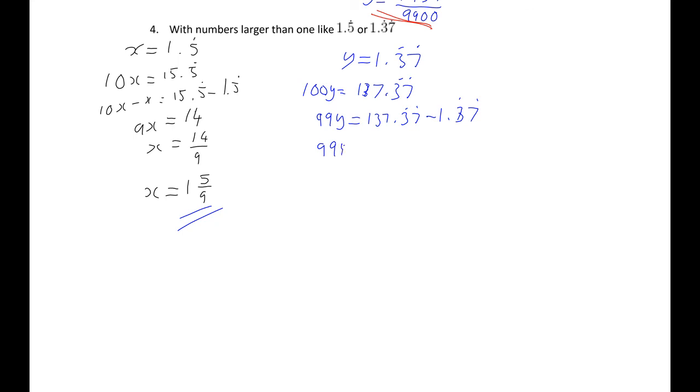So 99y equals 136. Y equals 136 over 99. Therefore, y equals 1 and 37 over 99.